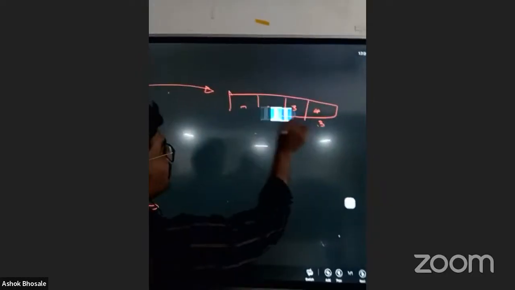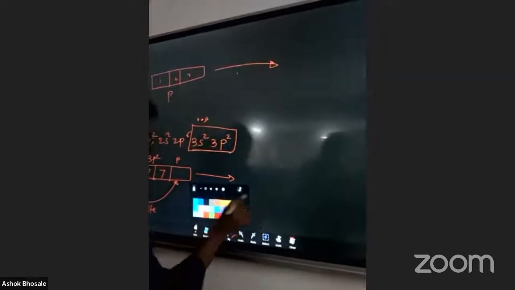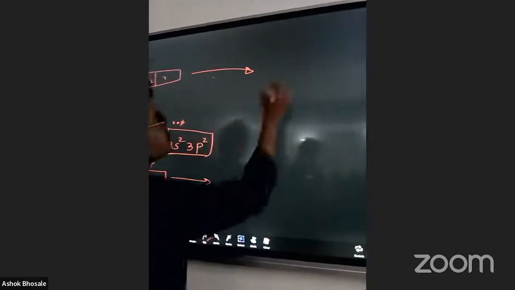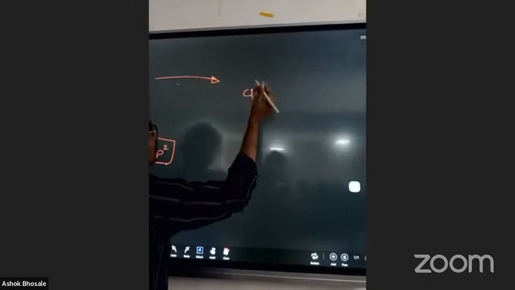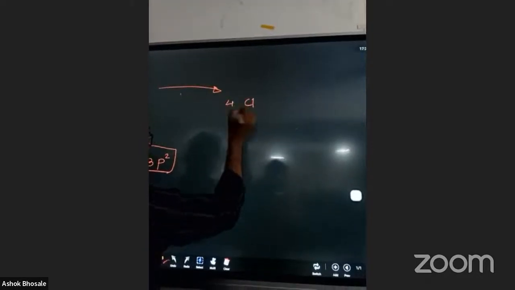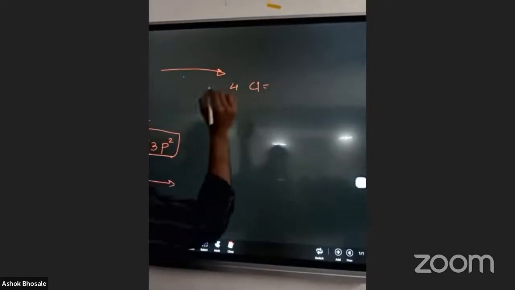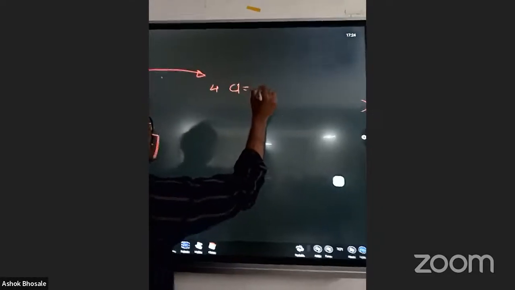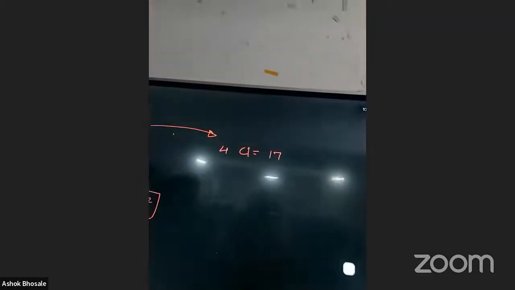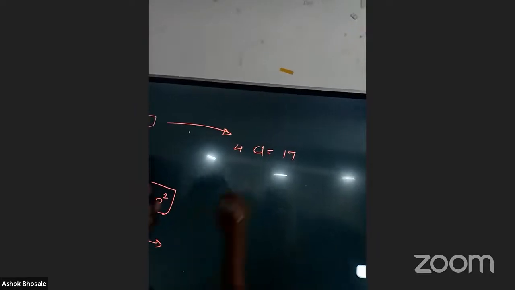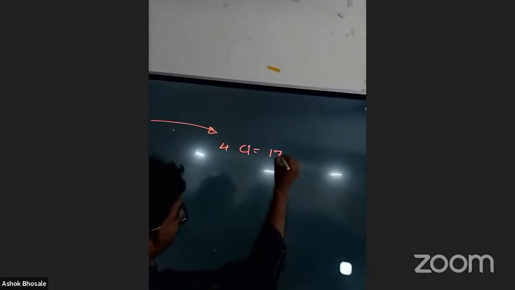You see here the chlorine atoms. Here are the 4 chlorine atoms. The atomic number of chlorine is 17.